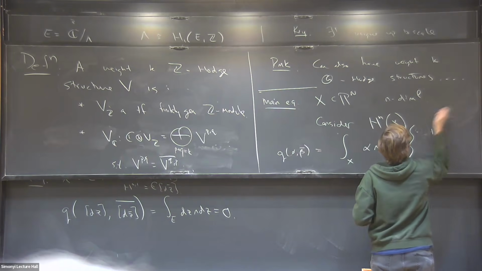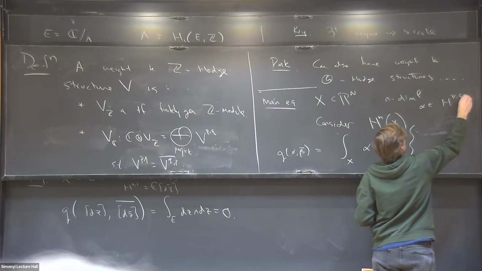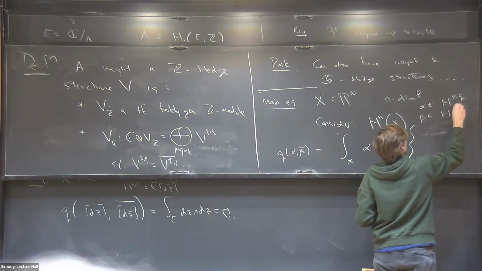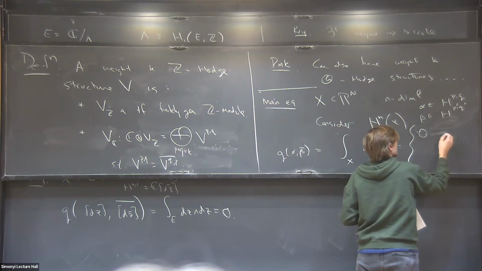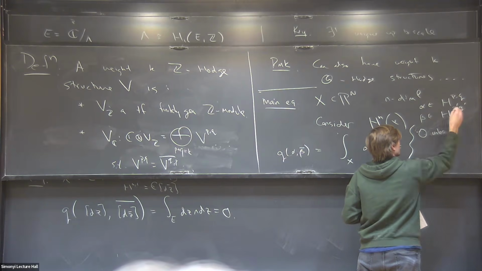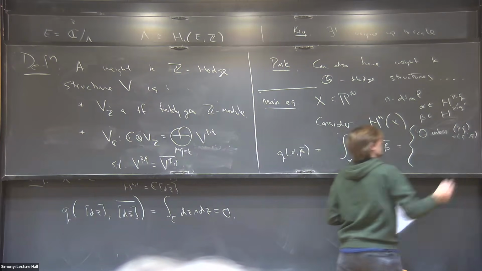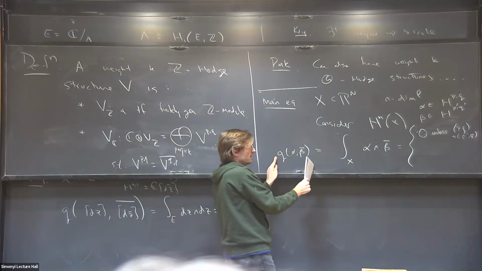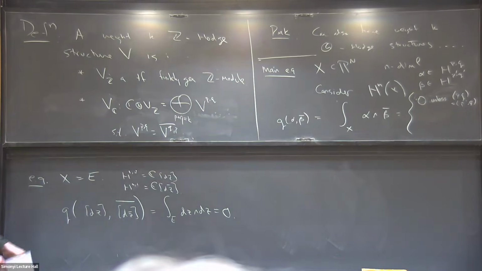Let me declare that alpha is a pure type PQ and beta is a pure type P prime Q prime. And I want to say this is 0 unless PQ is equal to P prime Q prime. So in other words, this Hodge decomposition for this Hermitian pairing is orthogonal.